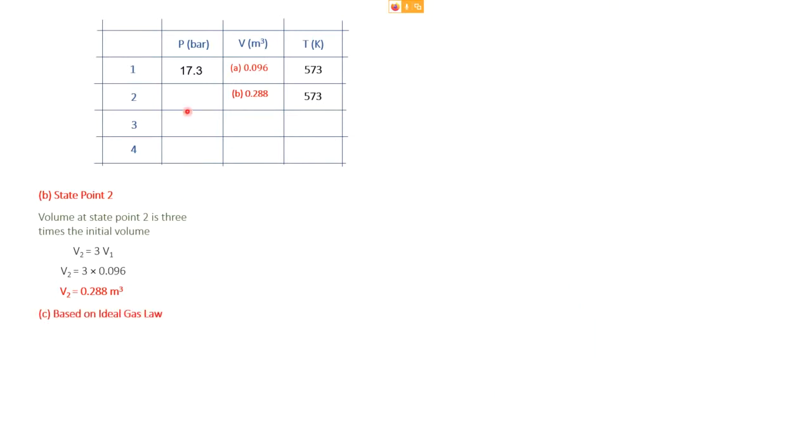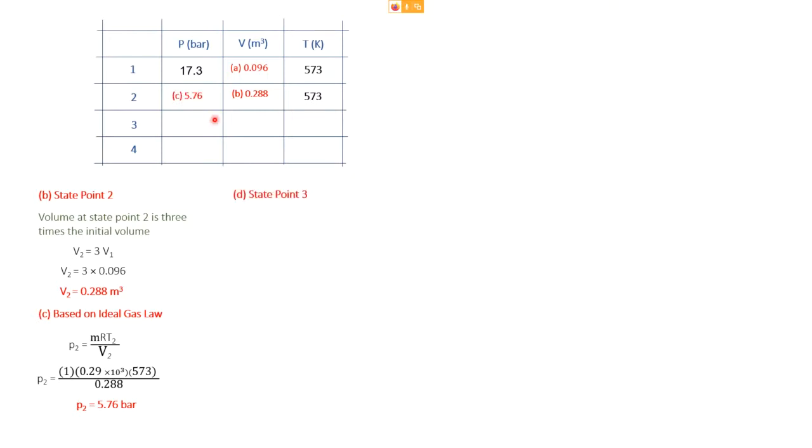Then based on the ideal gas law, we can find out the pressure P2, with P2 as the subject. So the pressure is 5.76, and you can write 5.76 here.